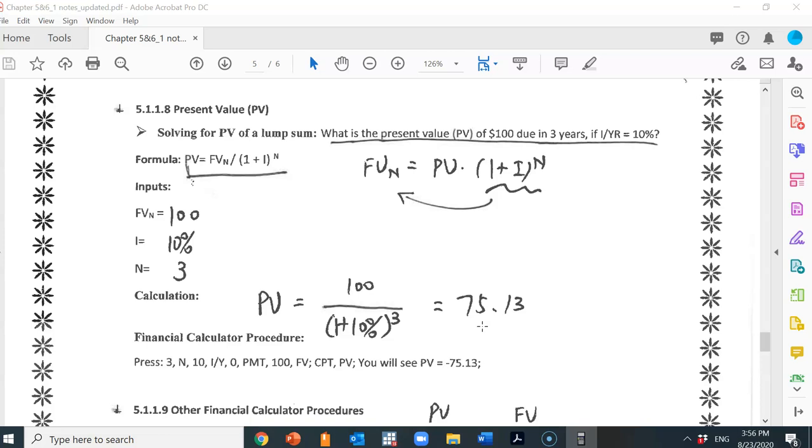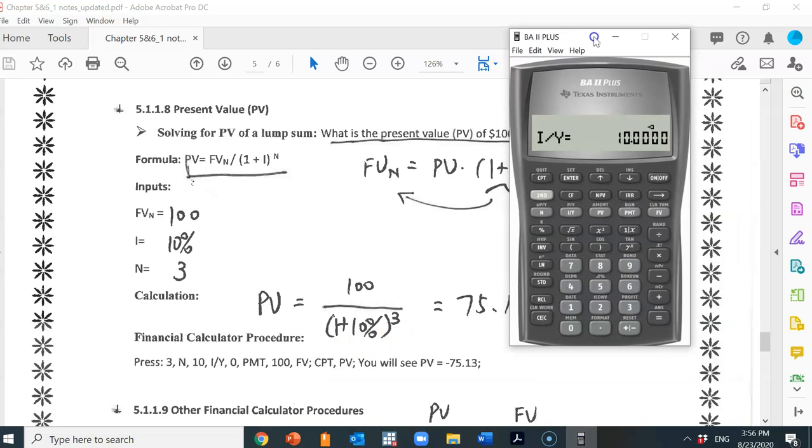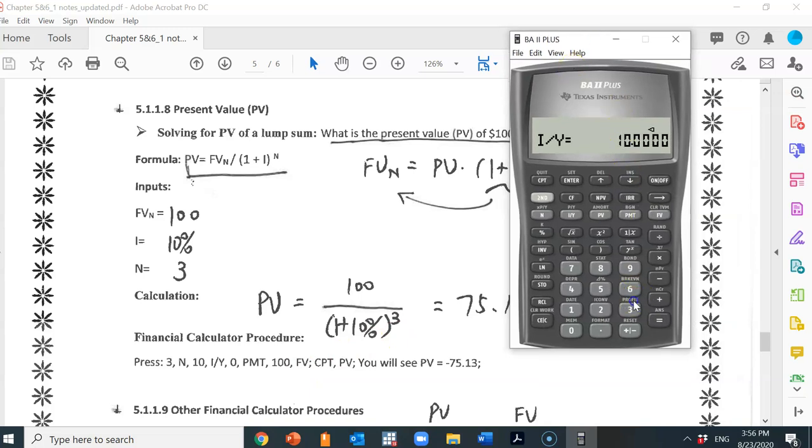75.13. Okay, if we want to use the financial calculator, we can input 3 as N still, 10 as I still. Now we know the payment is still 0, and the future value is $100. And then compute for PV. Okay, you see negative 75.13.